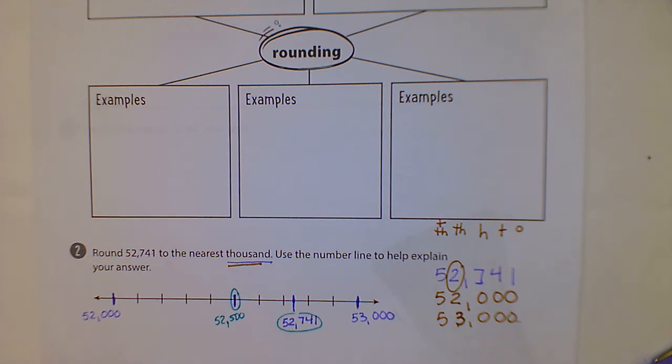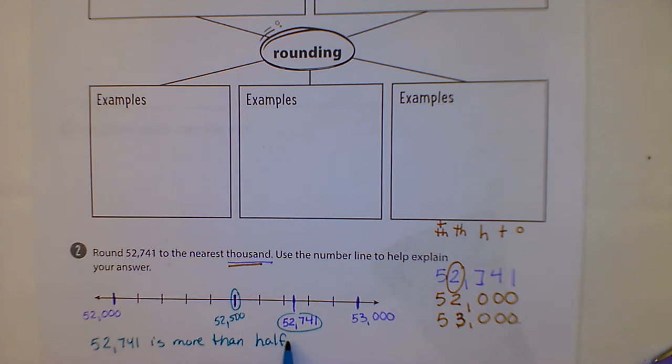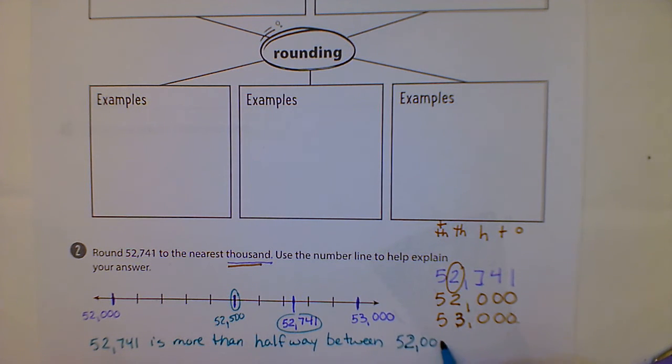I'm going to start by saying, let's explain it, that 52,741 is more than halfway between, and then I'm going to do my two endpoints, 52,000 and 53,000.